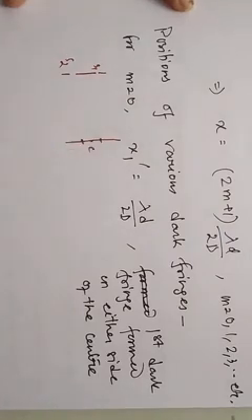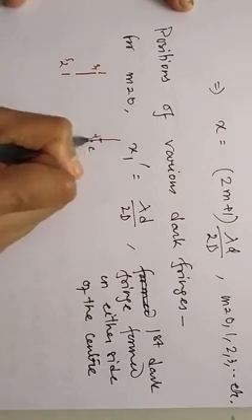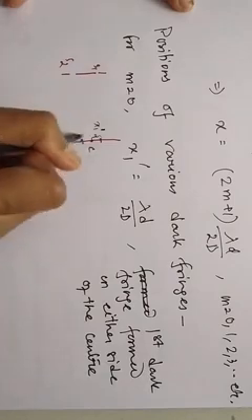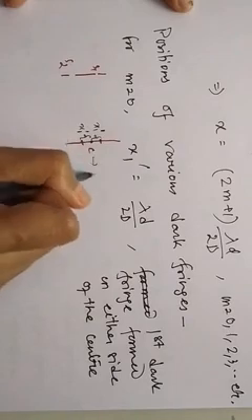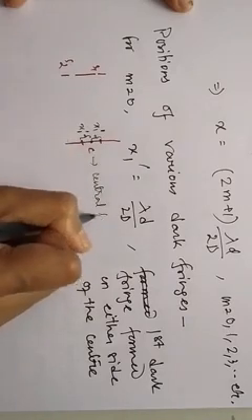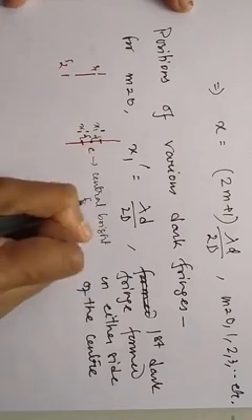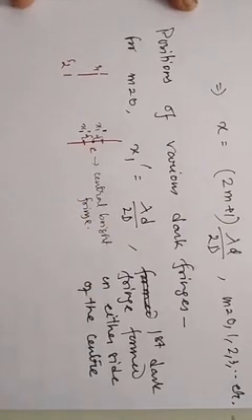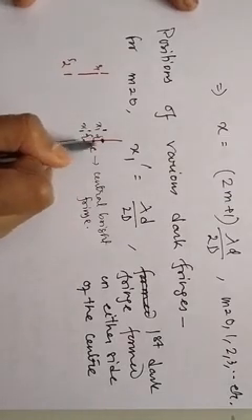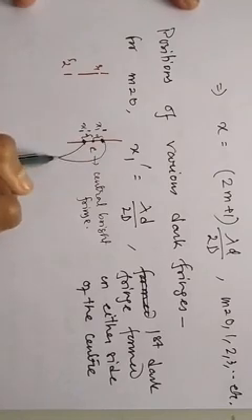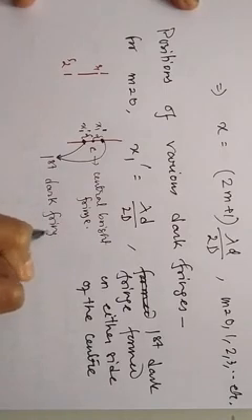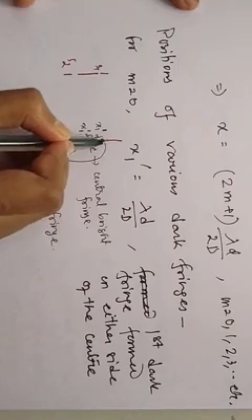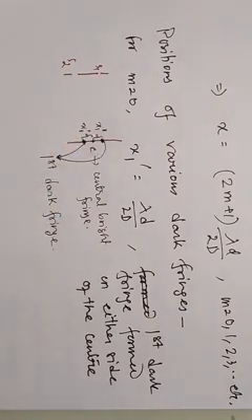Suppose this one is x1 prime and this distance is also x1 prime. This is the central bright fringe. Okay, and on either side of the central bright fringe, over here and over here, the first dark fringe will form. Then again there will be a bright fringe, then again dark fringe. So in this way we will have alternate dark and bright fringes.